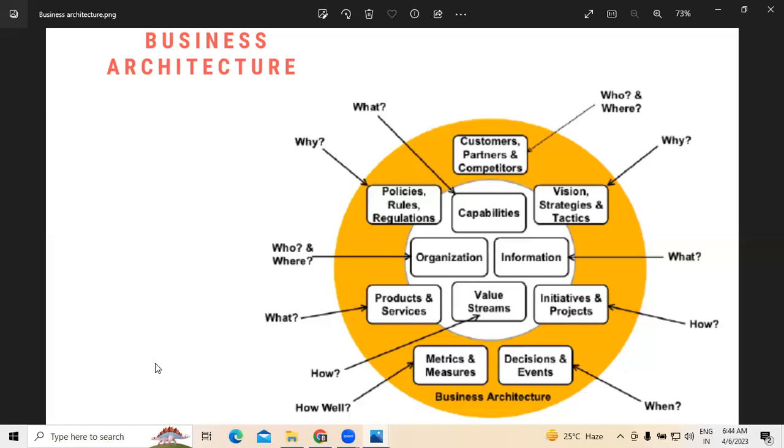At the same time, we must be knowing about the kind of vision, strategy, and tactics, because any organization will have some vision. I have mentioned this a couple of times earlier, even. What tactics do we follow, what are the different visions an organization will have, because every organization will have some vision to achieve.